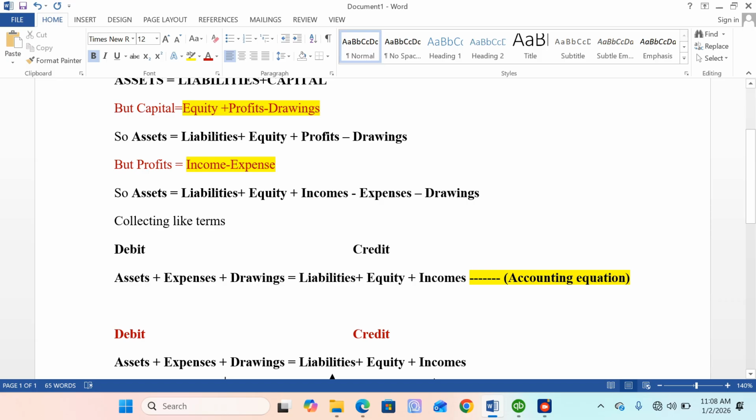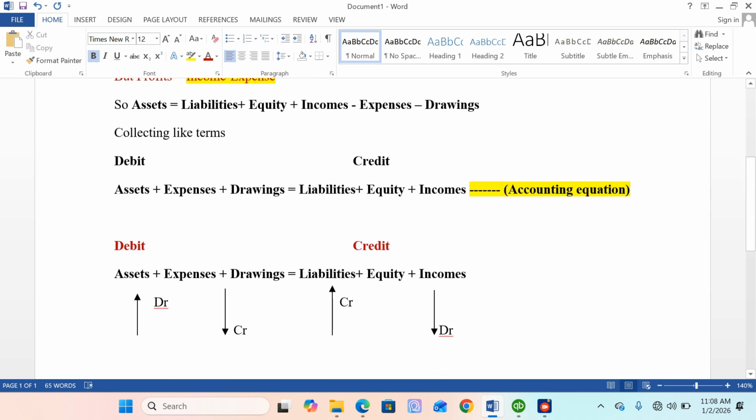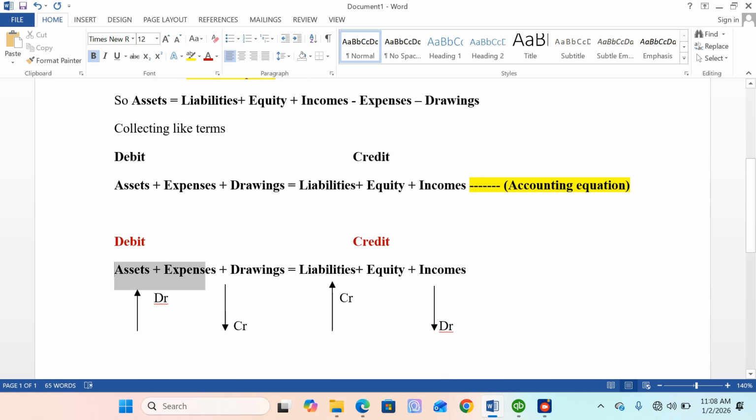It is up to you to understand whatever is in this accounting equation. Whatever is on the left hand side is debited. The left hand side is called the debit side, then the right hand side is called the credit side. Whenever any item on the debit side increases, we debit it.